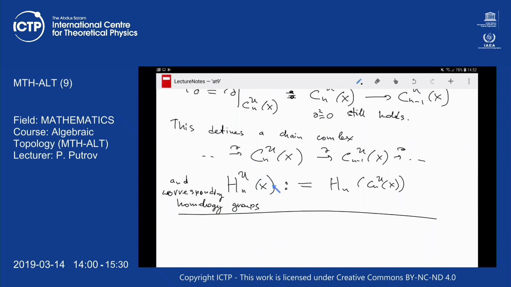So we have some homology group that's associated to X and a collection of subspaces U such that the interiors form an open cover of X.